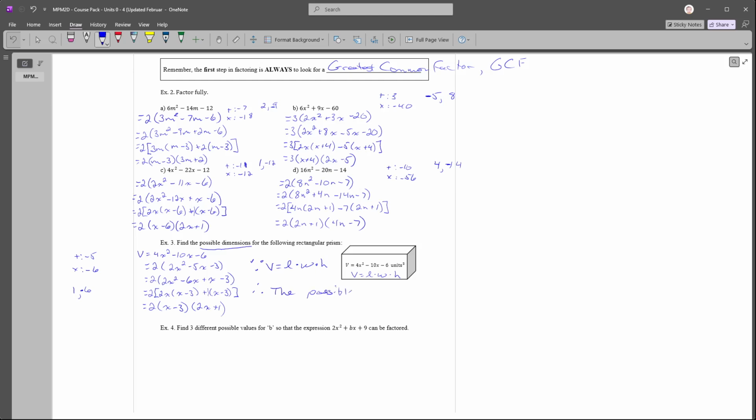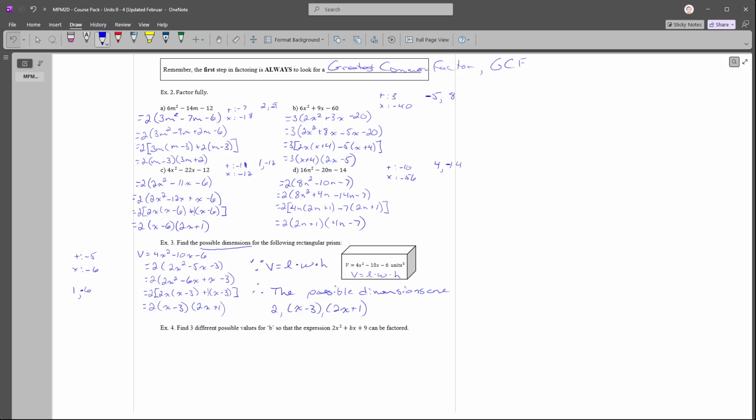There's no way of knowing that based on the information we have, but we do know that the possible dimensions are 2, x minus 3, and 2x plus 1. That can be complicated depending on the shape that we give you.